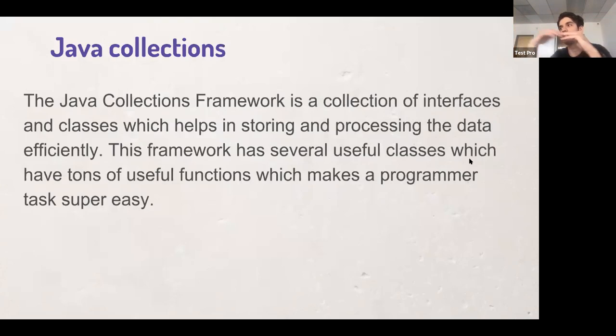Here are the different types of collections: a list, the most popular one, sets, which we're going to talk about a little more, and maps, where you store data in key value pairs.